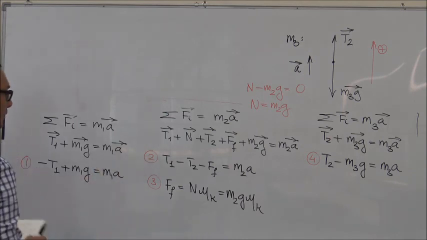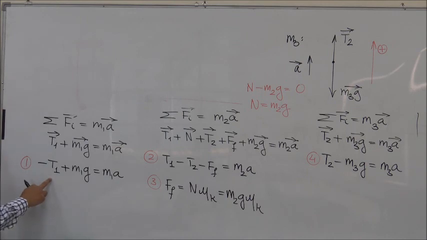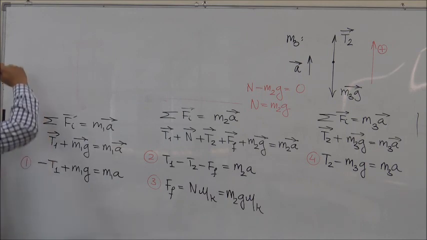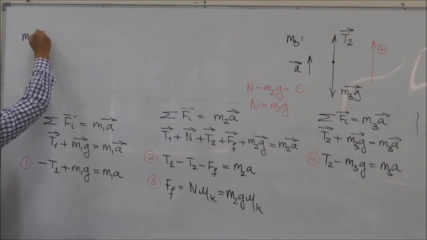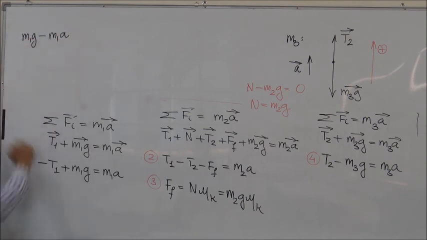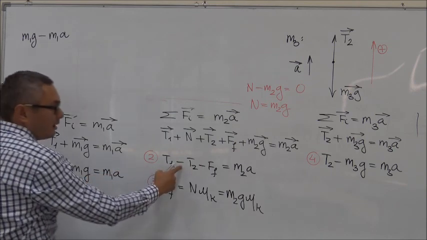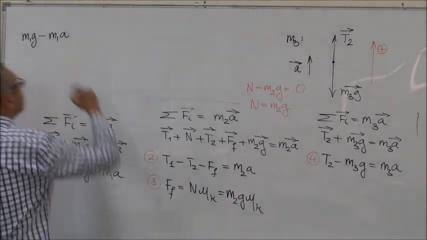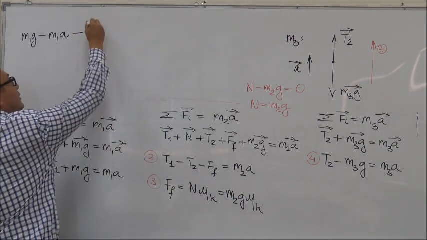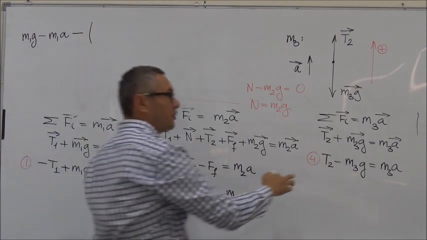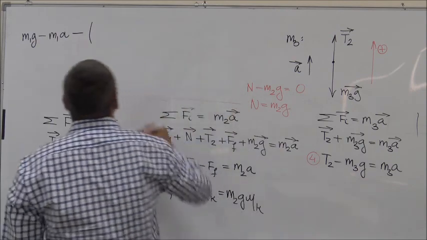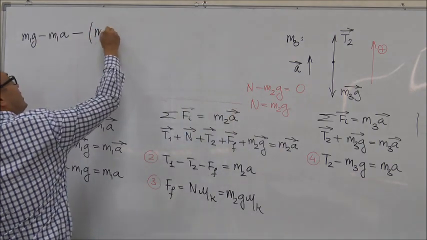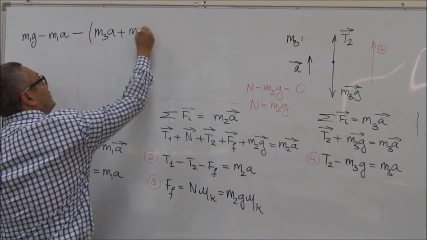So I have T1. From this equation you can see that T1 is equal to m1g minus m1a. So this is T1. Then comes minus T2, and T2 from here is equal to m3a plus m3g.